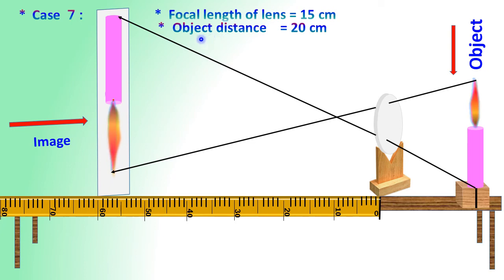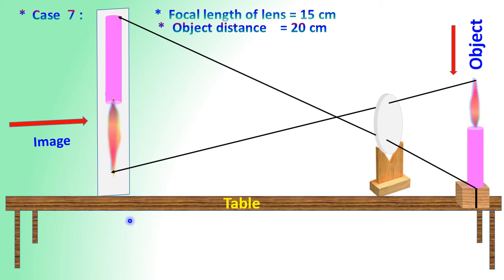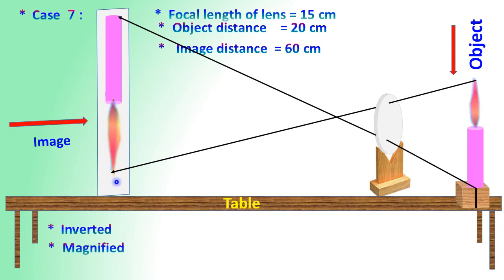Object is placed at the distance of 20 centimeters. Now, the image is formed at the distance of 60 centimeters. So, image distance equal to 60 centimeters. And properties are: inverted image, magnified, that is enlarged, and real image. These are the properties of the image formed.